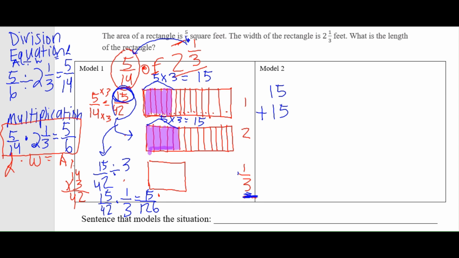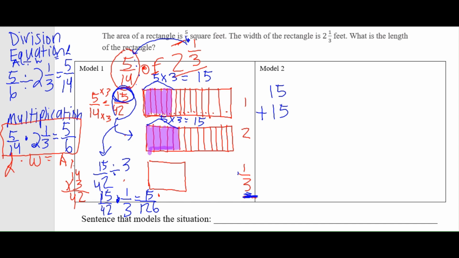So I'm dividing it into 3 equal parts, or I'm going to multiply 15/42 times 1/3 because that's what multiplication is. So 5/14 times 1/3, which is equivalent to this. So I could have just put 5/14 times 1/3 instead of doing 15/42 times 1/3.